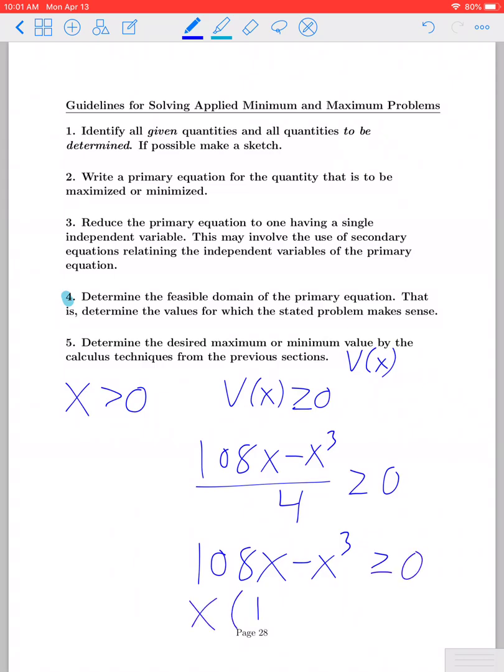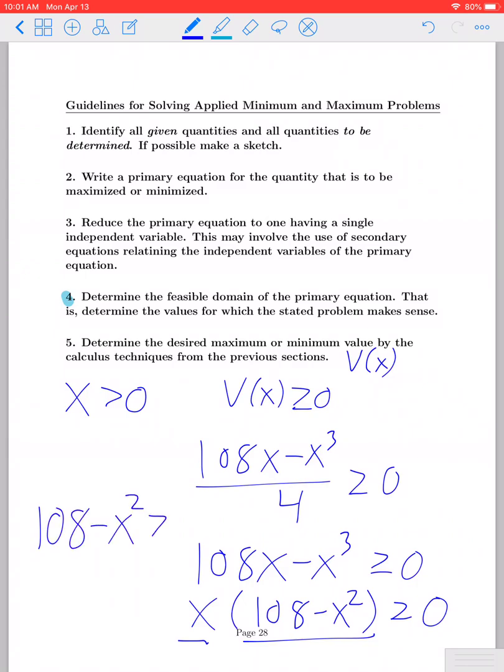You can factor out the x. For this inequality, we know x has to be greater than 0, which would mean that this quantity would also have to be greater than 0 for this inequality to be satisfied, which would mean that we need 108 minus x squared to be greater than or equal to 0, or 108 to be greater than or equal to x squared, which means that the square root of 108 would have to be greater than or equal to x.